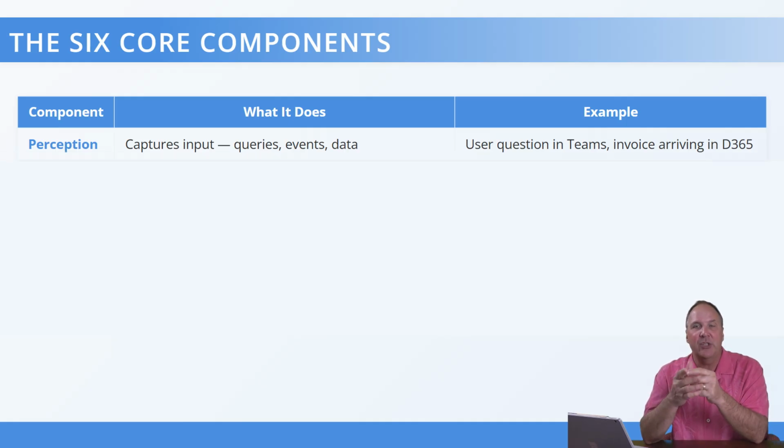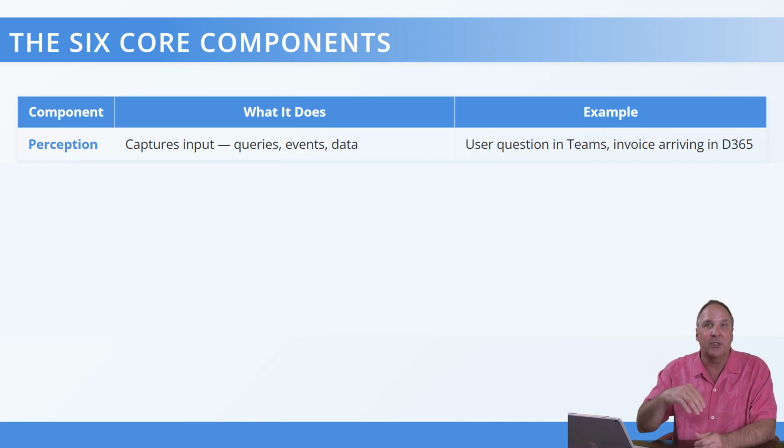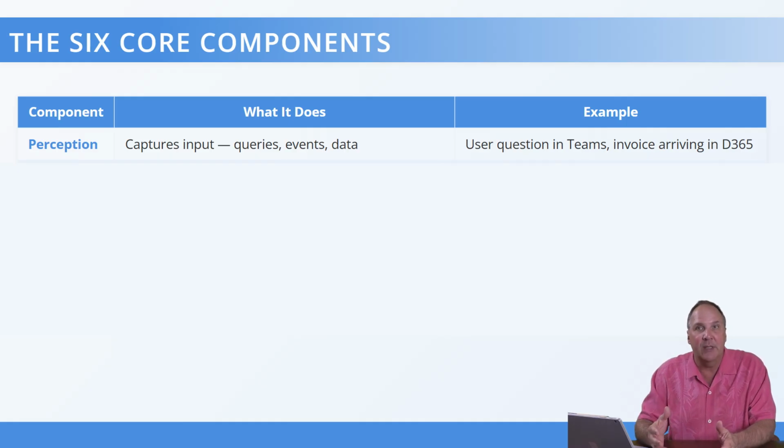This is how the agent takes in information. A user types a question in Teams, an invoice arrives in Dynamics 365, or a sensor triggers an event in the factory. A Power Automate flow kicks off. Whatever the source, perception is the front door. Without good input, nothing else matters.